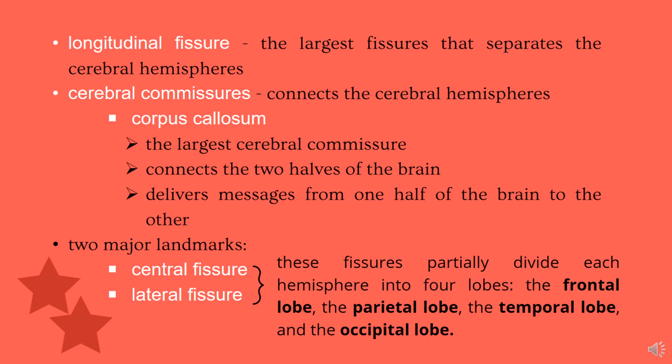It connects the two halves of the brain and delivers messages from one half of the brain to the other. There are two major landmarks on the lateral surface of each hemisphere, the central fissure and the lateral fissure. Both of these features partially divide each hemisphere into four lobes: the frontal lobe, the parietal lobe, the temporal lobe, and the occipital lobe.